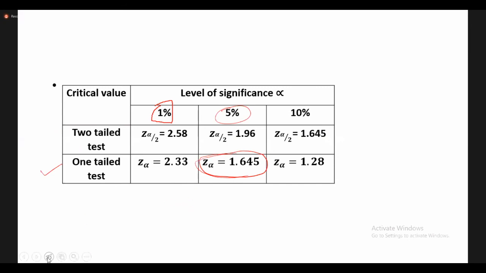What is the Z tabular value? 2.58. Alpha is 1%, the tail test is a two-tail test, and the Z tabular value is 2.58. Is that clear?